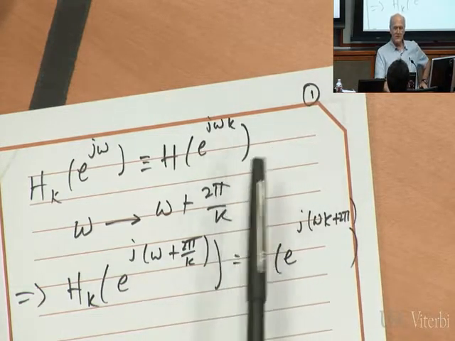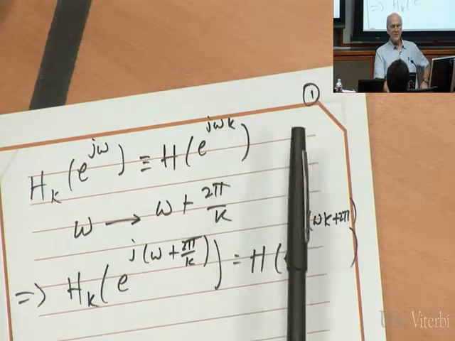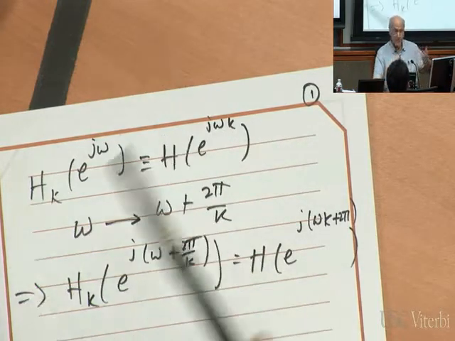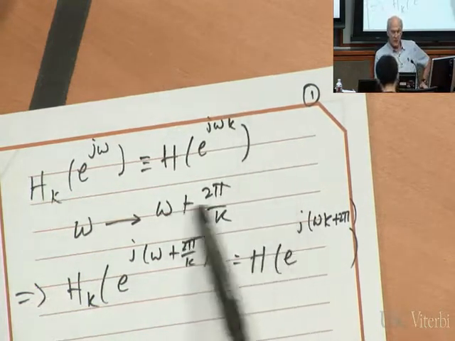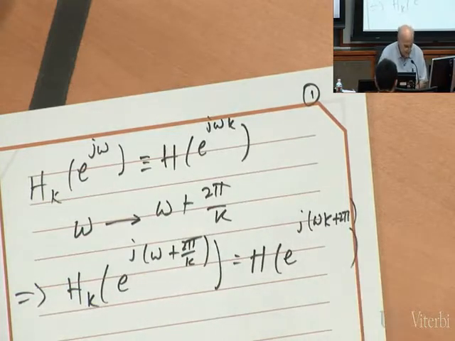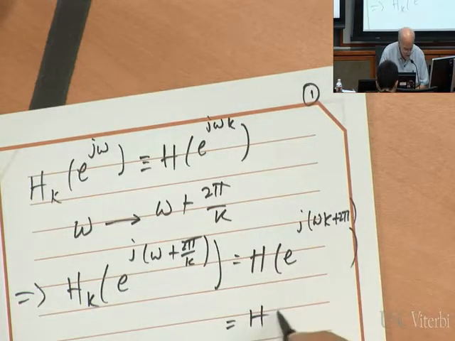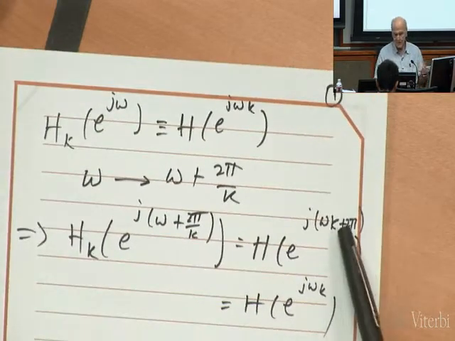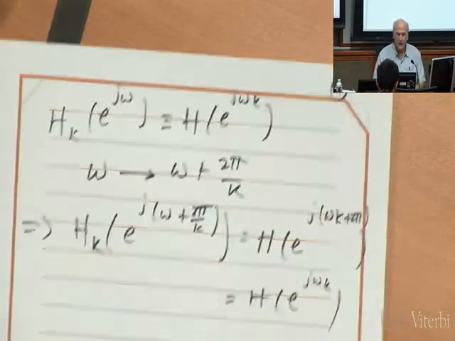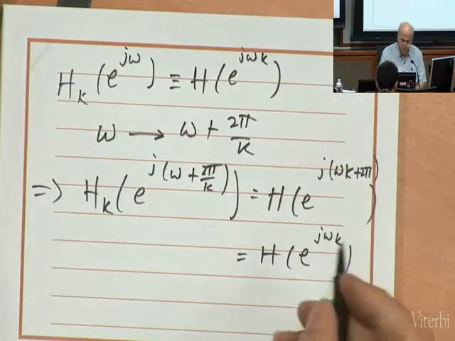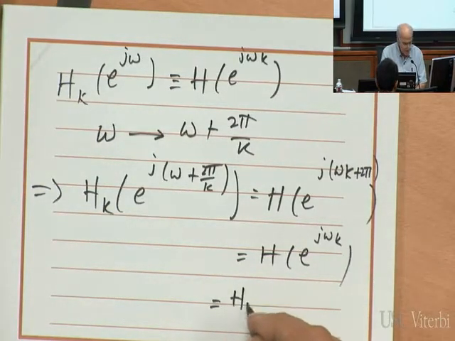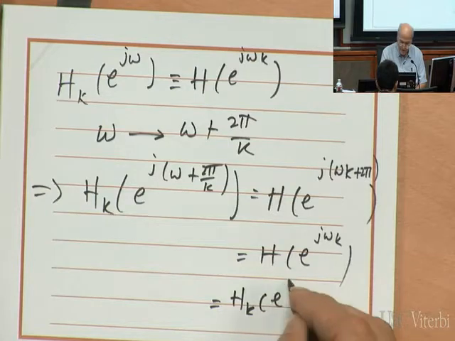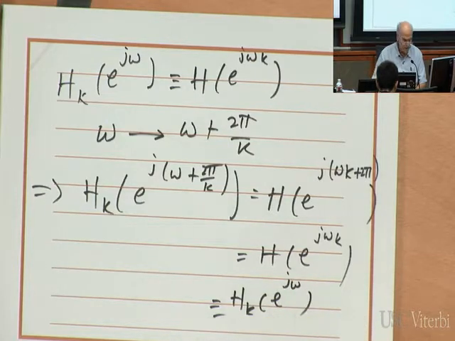Remember this, I'm letting omega be omega plus 2 pi over k, demonstrating the periodicity. I multiply that result by k, and I get h of e to the j omega k. h of e to the j of 2 pi is just 1. So I get h sub k of e to the j omega by definition.